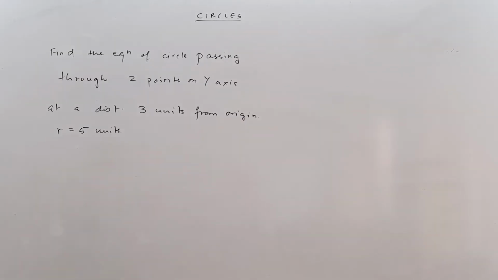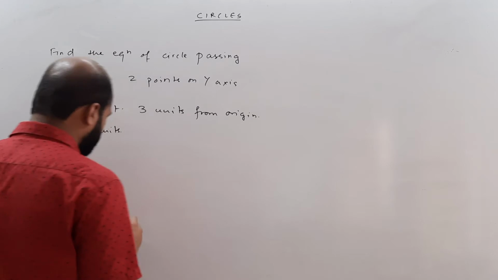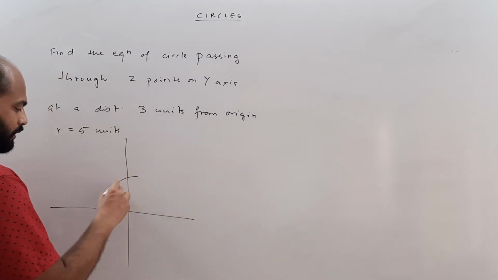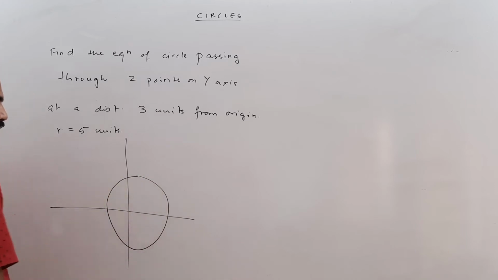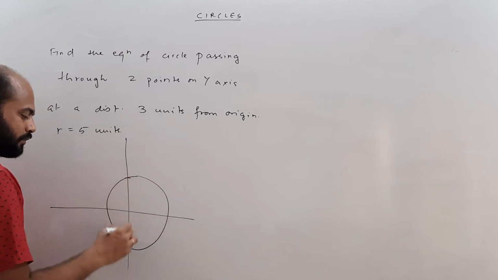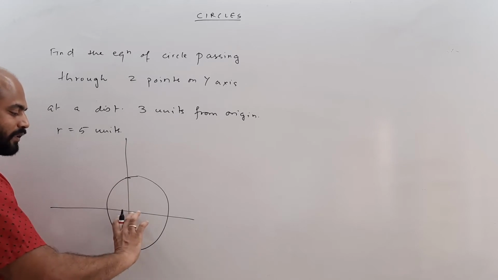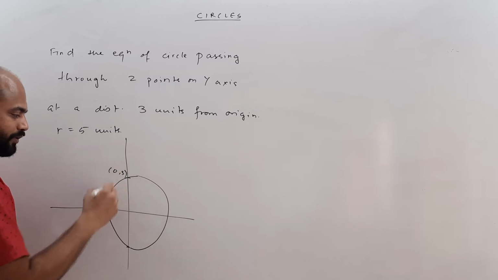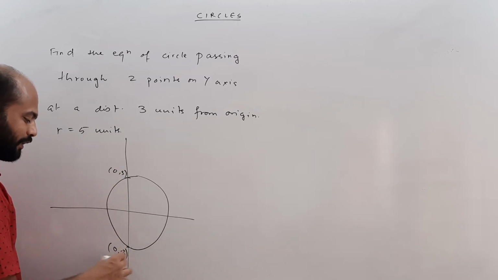Let's take the next question. We have to find the equation of the circle which cuts the y-axis at a distance of 3 units. What is told to us is that this distance is 3 units and this distance is also 3 units, which means this point is going to be 0, 3, and this point is going to be 0, minus 3.